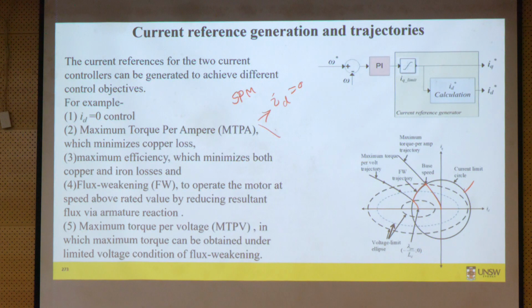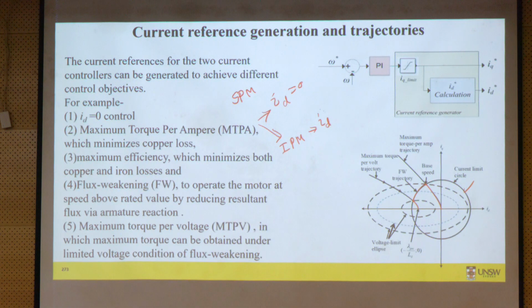But for IPM this is not the case. For IPM, we will need to find a particular value of Id. Okay, Id is not 0 for IPMSM.